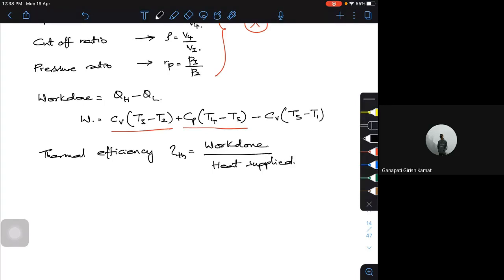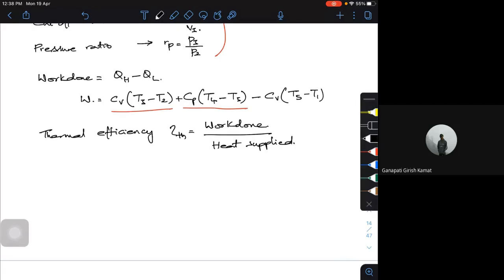Work done by heat supplied. So what is your work done? Right now I have the expression for the work done. I'll write it here. That is Cv into T3 minus T2 plus Cp into P4 minus P3 minus Cv into P5 minus T1.